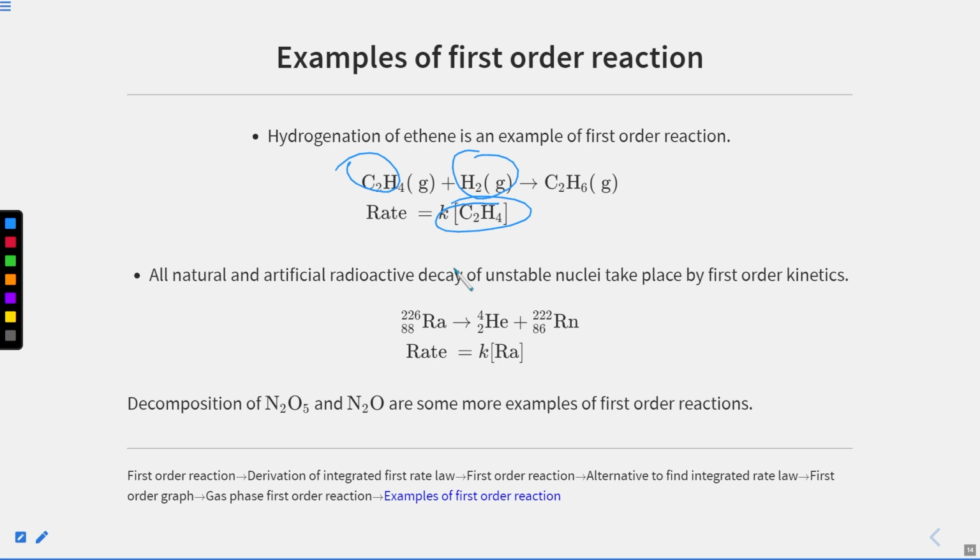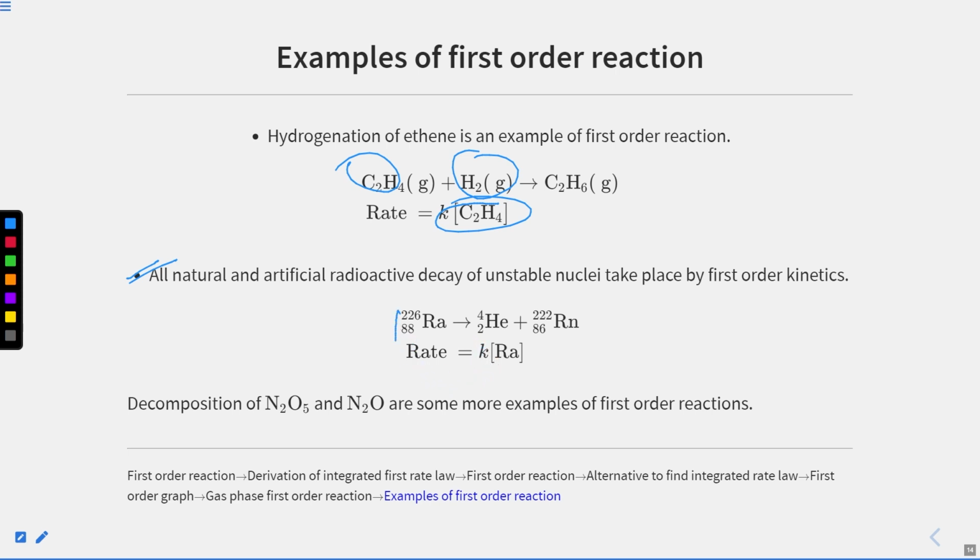So this is clear. The foremost important point is that all radioactive decay, whether of uranium or carbon-12, so dating of all of this would require a kinetic study, and while doing the kinetic study we will assume that it is a first order reaction.